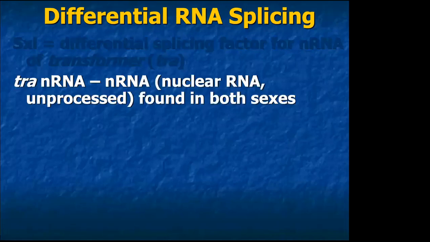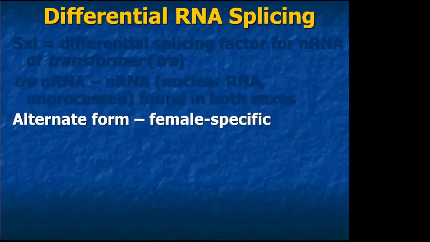The transformer nuclear RNA, the unprocessed form, is actually expressed in both sexes. But it's how it is processed, how it's spliced, that determines whether or not the cascade is going to continue to be female or is going to become male. The alternative splice form, involving sex lethal, results in a female-specific transformer.